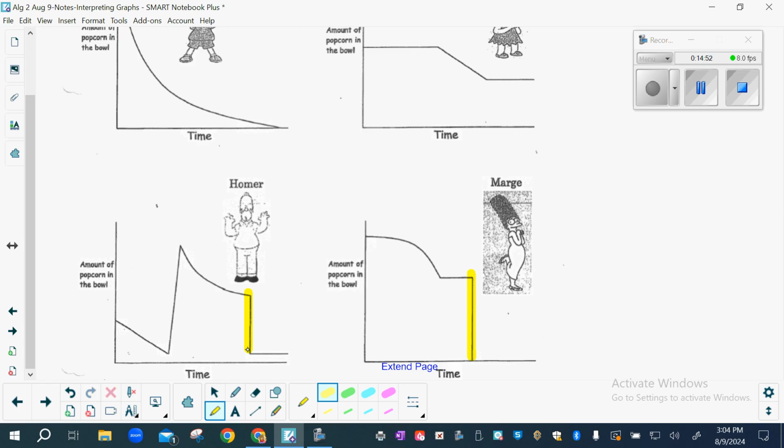Lisa, I liked your explanation. What did you say? Homer just balanced his bowl. That's right. In that show, The Simpsons, he does that a lot. He'll take food and just pretty much inhale it. So you can say, yes, he just took it and inhaled it. So technically some time would be going by, but he's doing it so fast that it's not showing a curve.